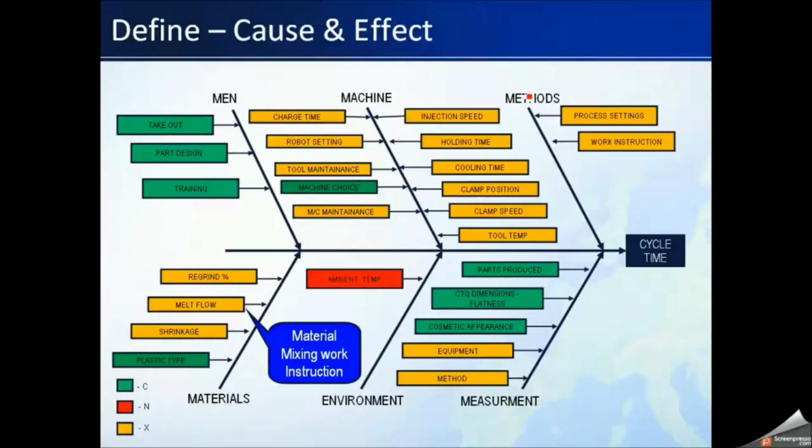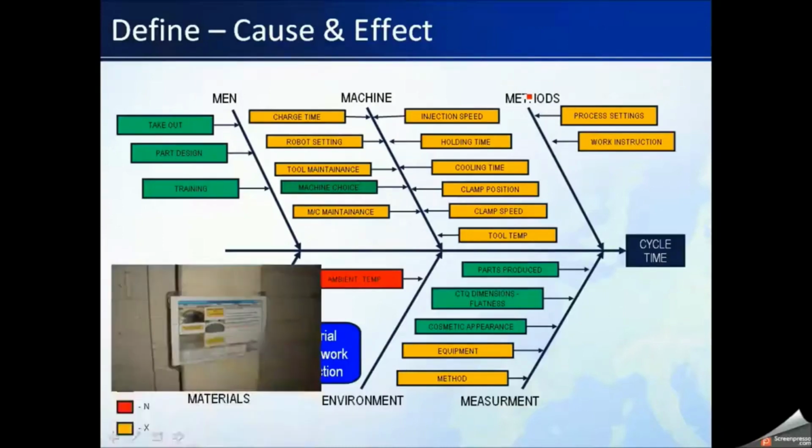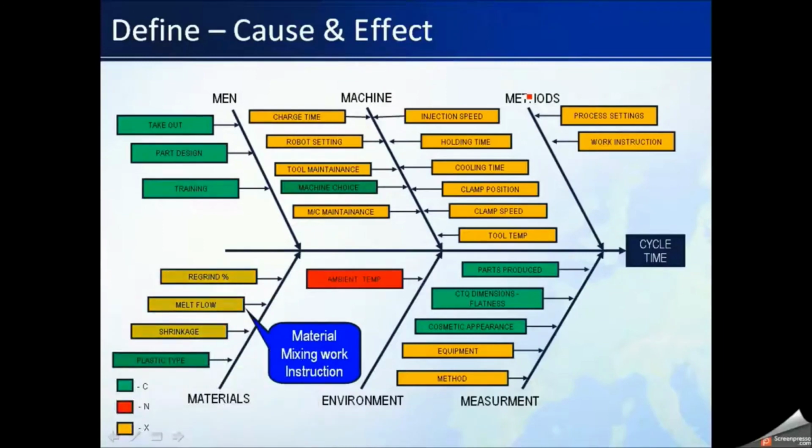So first of all, we're going to have a look at the way the material is mixed. They come up with a new standard operating procedure in order to get that under control. So that turns green.